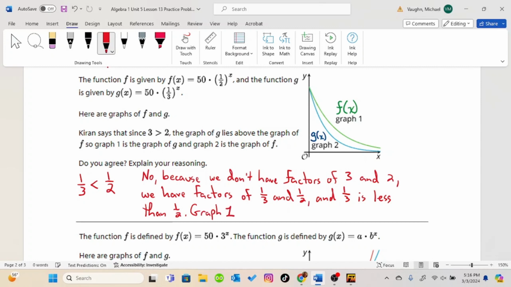Graph 1 is f of x, and graph 2 is g of x.